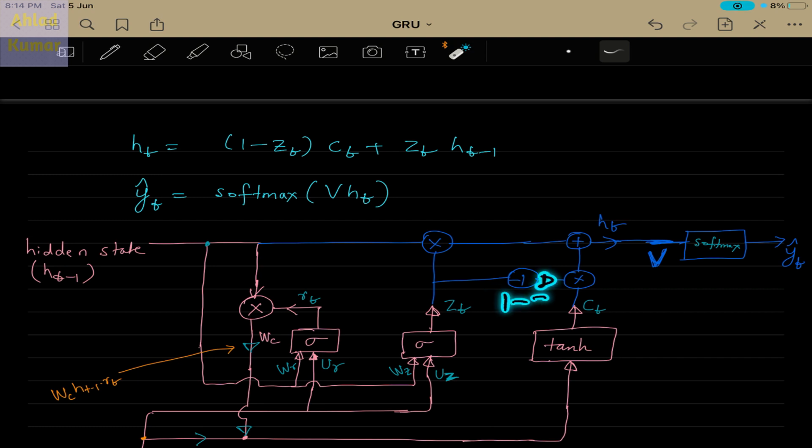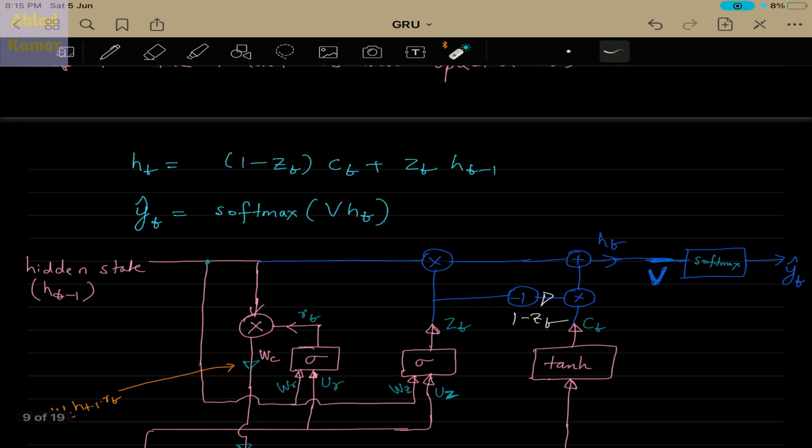So this 1 minus zt when multiplied with ct is also acting as a controller input to ct, that is, how much information ct has to pass to ht or not. So it's also acting as a controlling gate for ct.